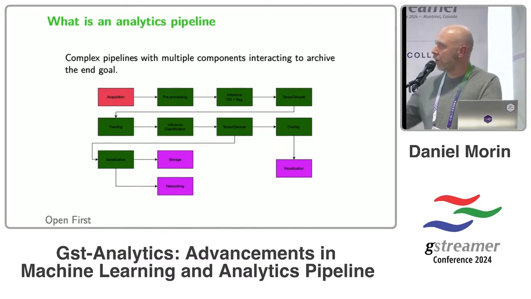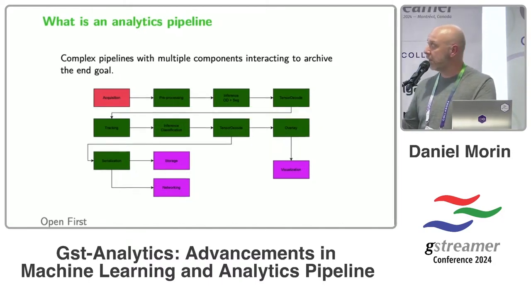Overlay and serialization are just examples of elements consuming analytics metadata, and they actually don't depend on the model or the framework if the analytics results have been normalized, and we'll get to this part a bit later.